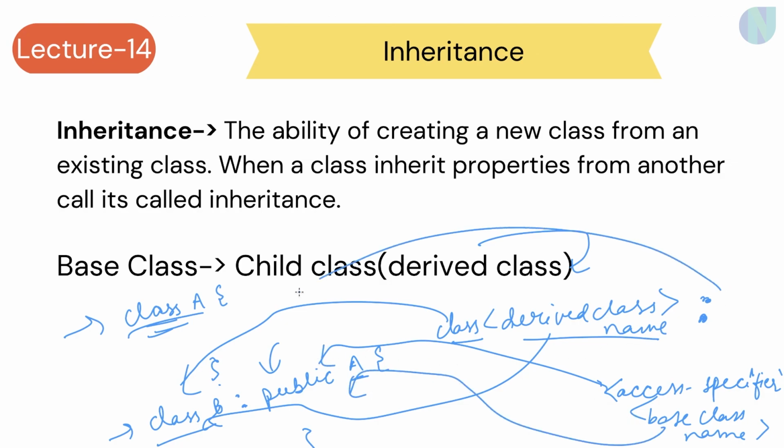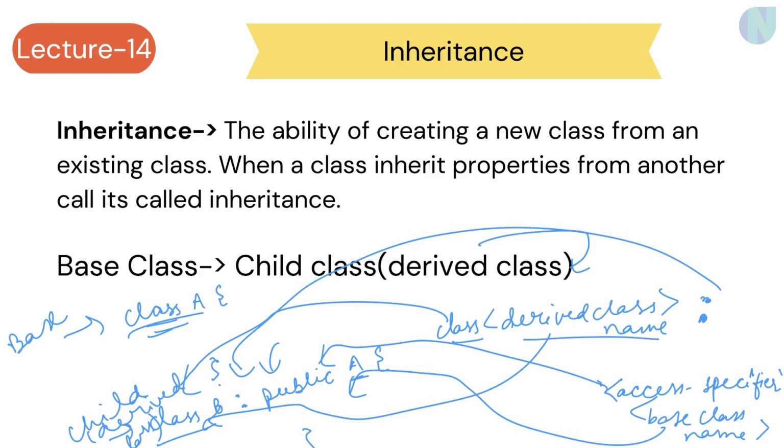Like this: class keyword, derived class name, access specifier, and the base class name with this colon. In this way we derive a class. This particular class is called the base class. This particular class is called the child class, or we can also call it a derived class.